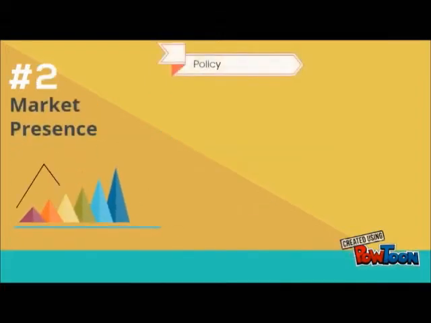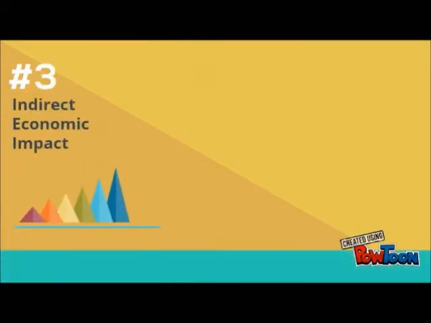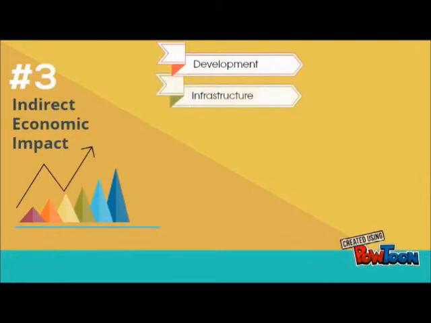Second is the market presence, which is indicated by policy, practices, and proportion of spending on locally based suppliers at significant locations of operation. The third one is indirect economic impact, which is indicated by the development and impact of infrastructure investment and services provided primarily for public benefit through commercial, in-kind, or pro bono engagement.